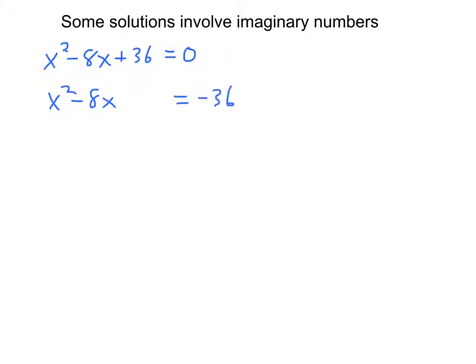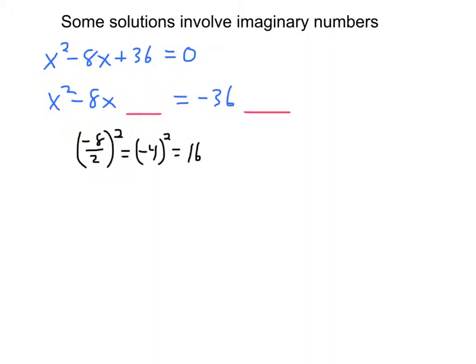And then we want to complete the square, so we have to figure out what we are going to add. So we're going to take negative 8 and divide by 2. So let's see, negative 8 divided by 2 is negative 4, and then we're going to square that. So a negative 4 times another negative 4 would be positive 16.